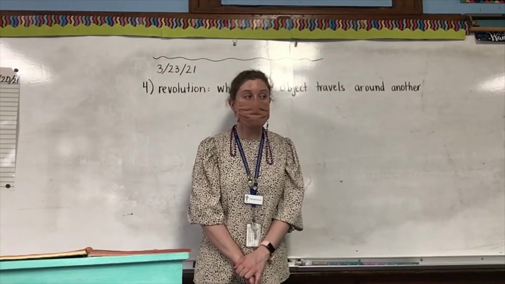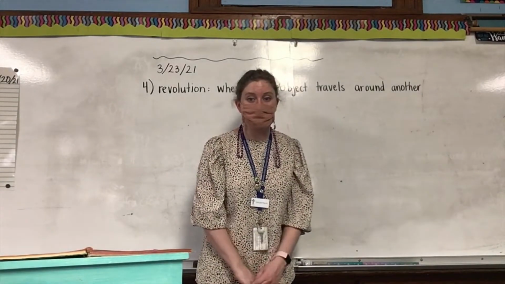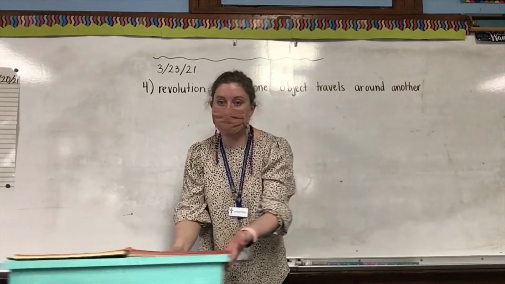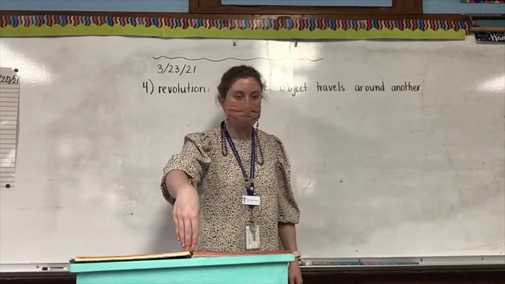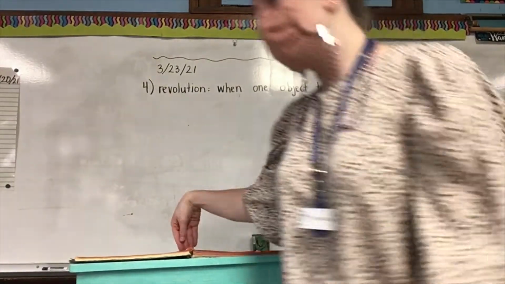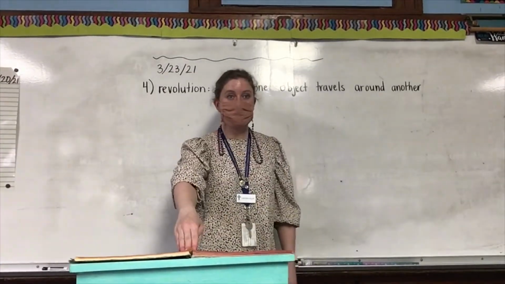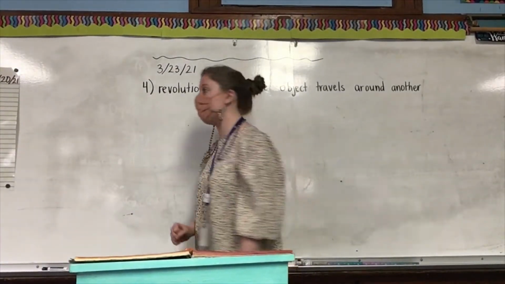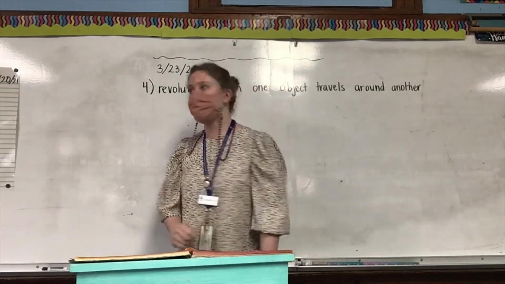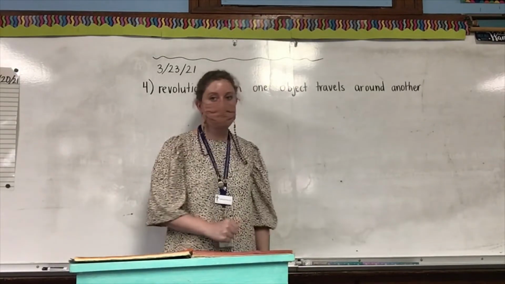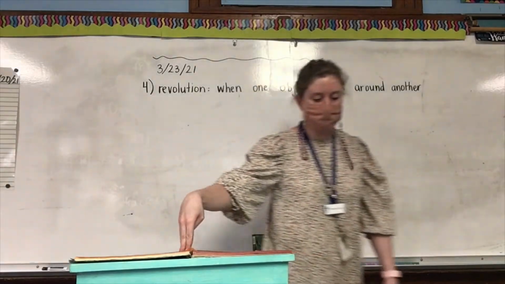Revolution is when I go around an object. So right now, I'm going to make a revolution around my podium. Do you see the difference? This is rotation. This is revolution.